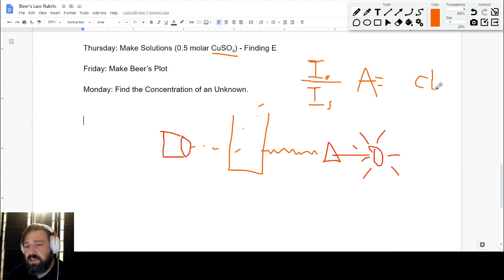So the actual length of our test tube will also affect this. The wider our test tube is, denoted as L, the more it absorbs as well. So we have to take that into account.